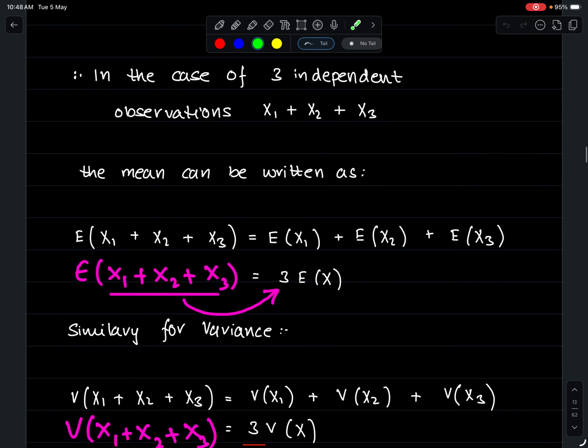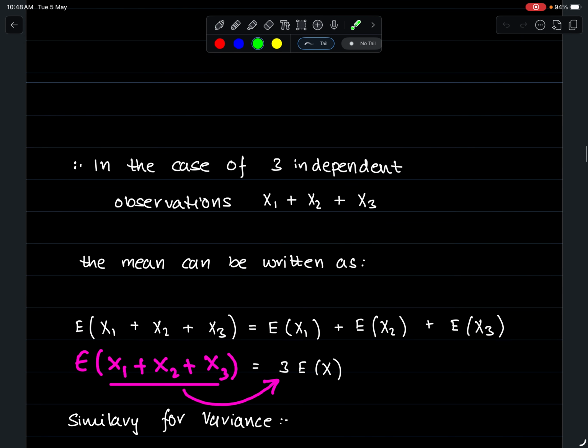Next case, the sum of 3 independent observations. We are adding 3 independent observations, or taking the sum of 3 independent observations of x.